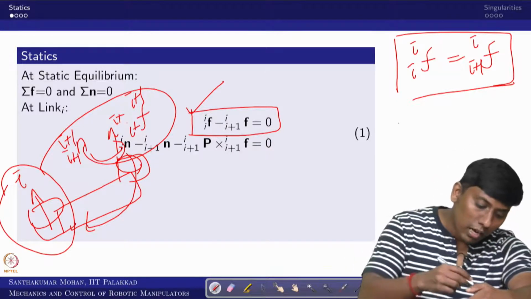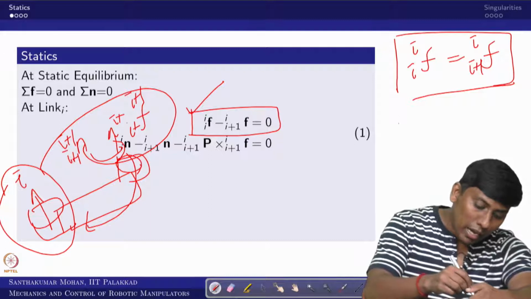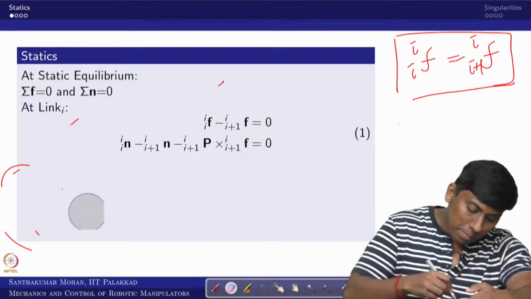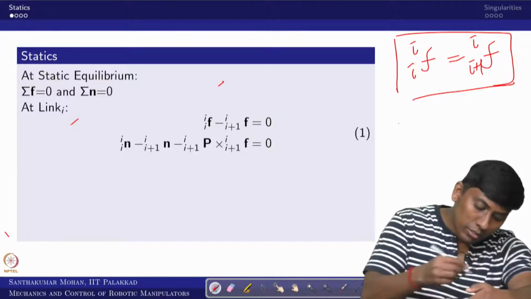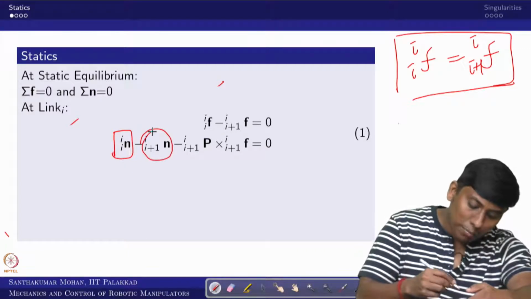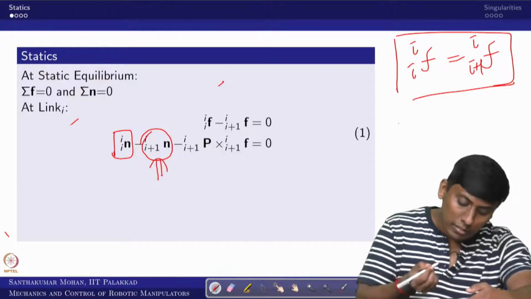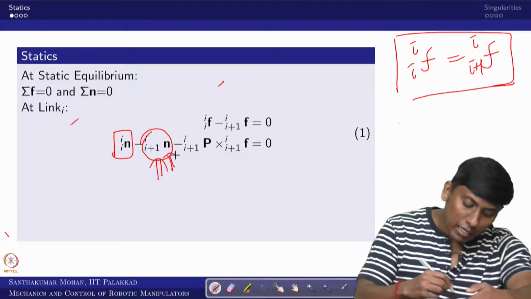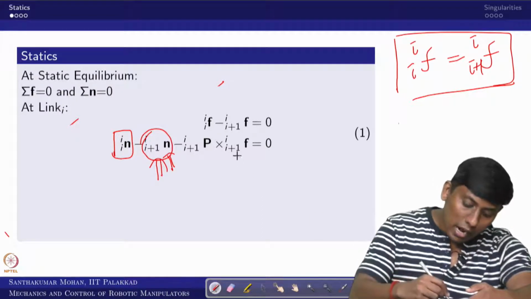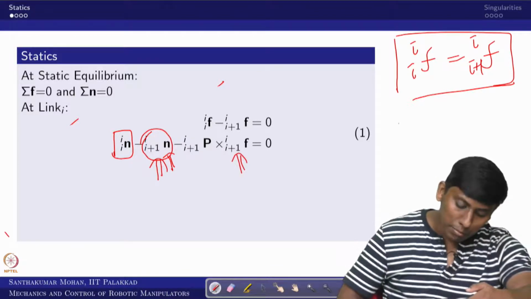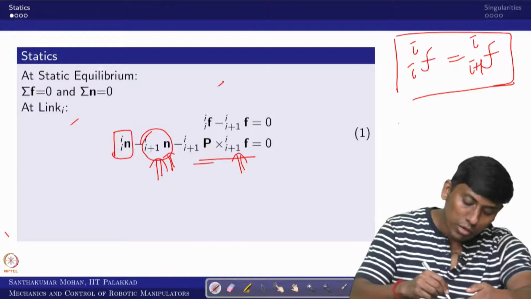So how can I write that torque? I can write it in this form. This is what we wanted, but it is represented from the preceding, or previous, joint angular moment, and the previous joint forces are also acting.